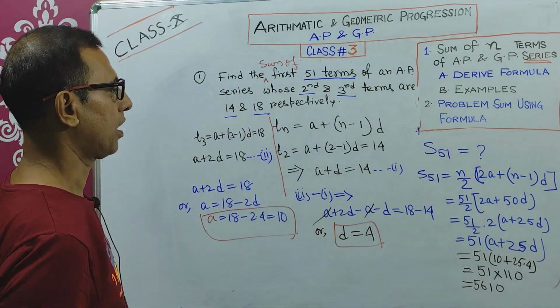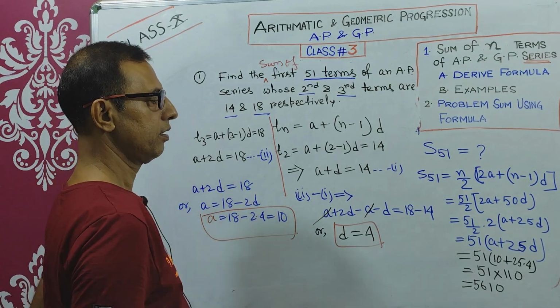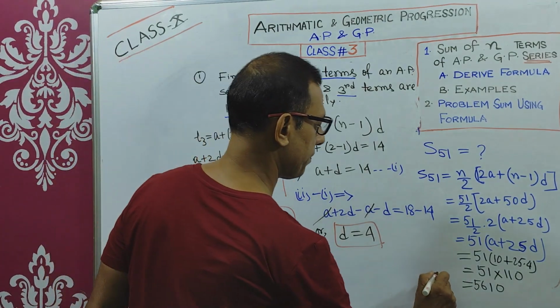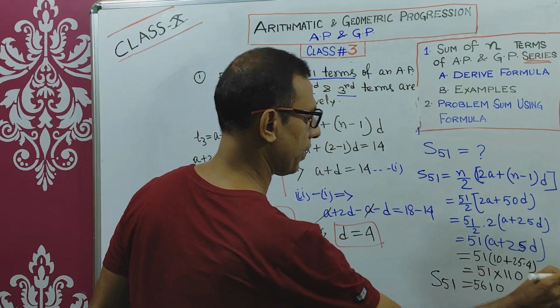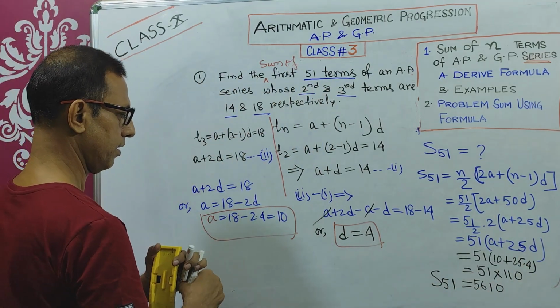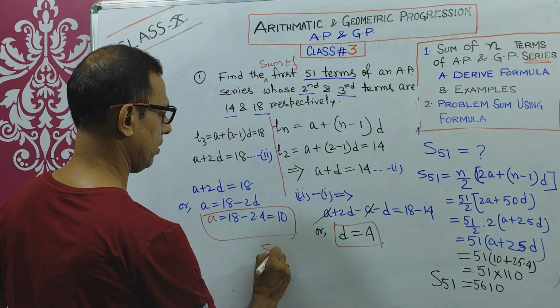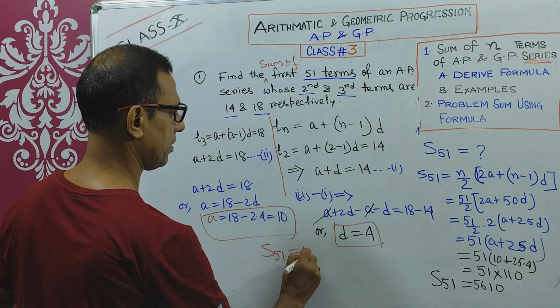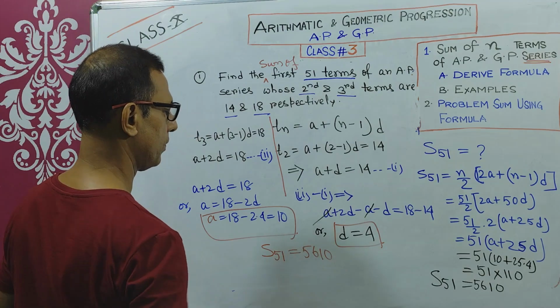So the summation of the first 51 terms is S51 equals 5610. That is the answer.